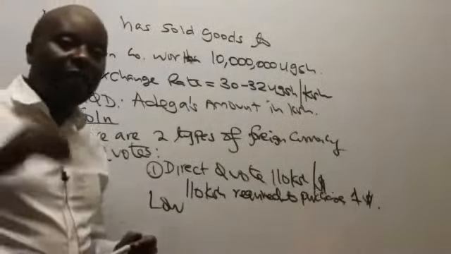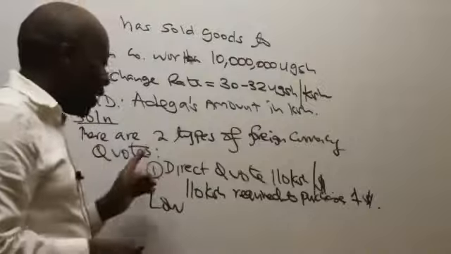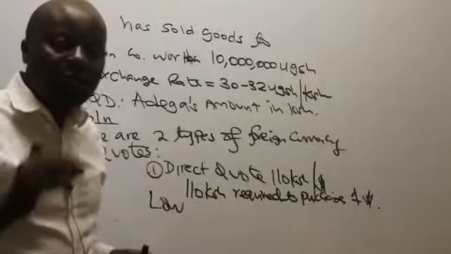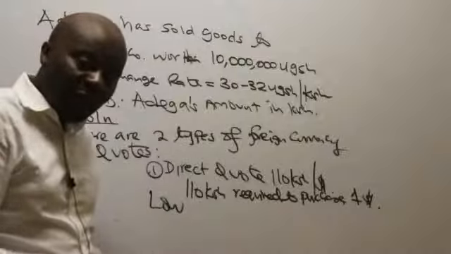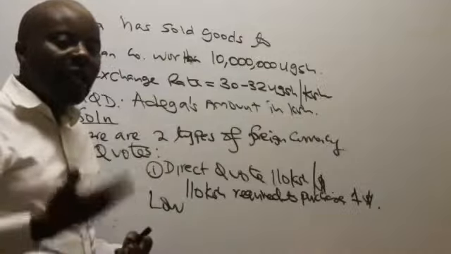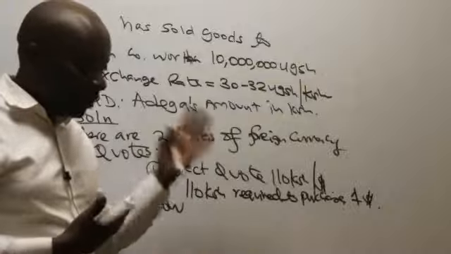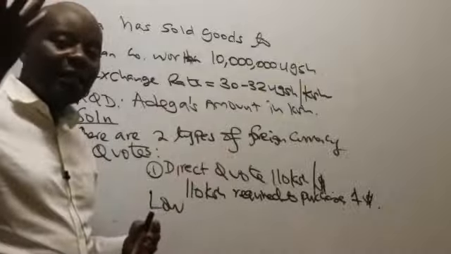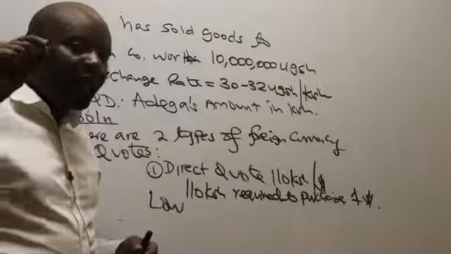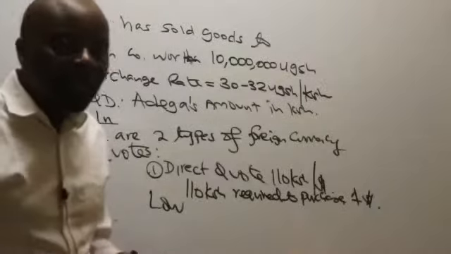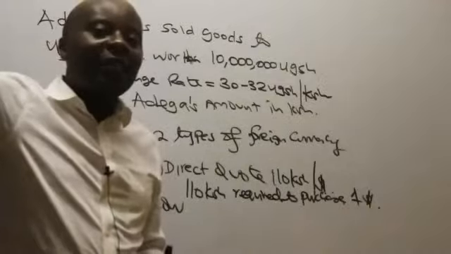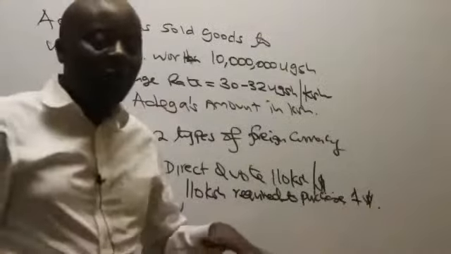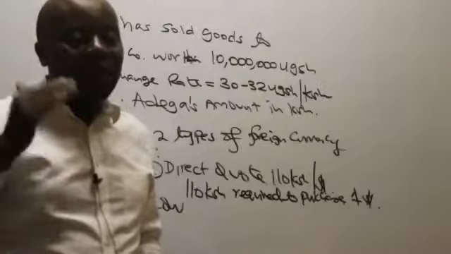What have I said? For direct quotes, banks will always buy at a lower figure, and then they sell this particular commodity at a higher rate to be able to make a profit. So again, for direct quotations, banks buy low and they sell high to make a profit.